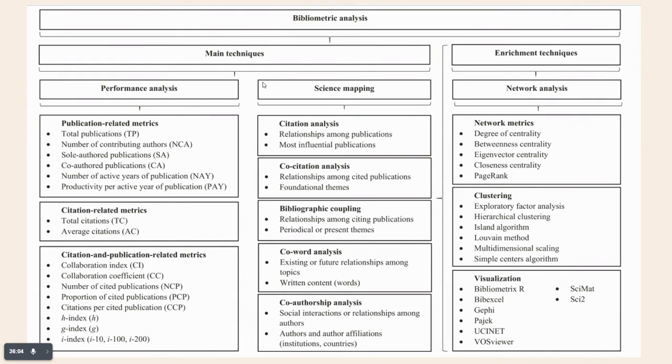Then we have the citation and publication related metrics that I already talked about, which are the H index, G index, and I index. I already discussed I10: let's say your I10 is 20, it means 20 of your papers got at least 10 citations.